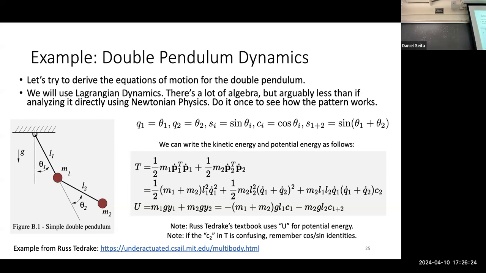So this thing here is equal to cosine of q2, right? Then when you take the partial derivative, this is the only thing that changes, right? It goes to sine and then you put in a negative.